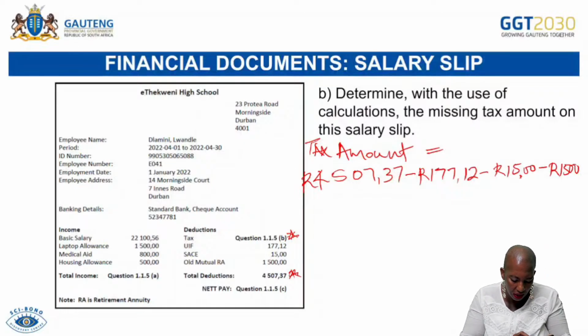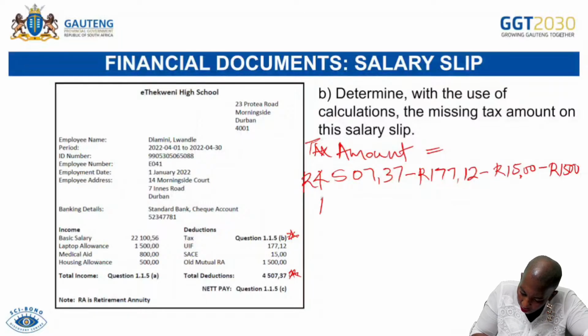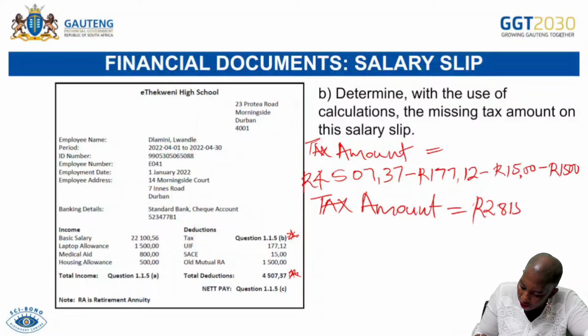It is 4,507 rand 37. I subtract 177 rand 12 cent. I subtract 15 rands for sales, and then I also subtract 1,500 rand. So meaning the tax amount will be 2,815 rand 25.